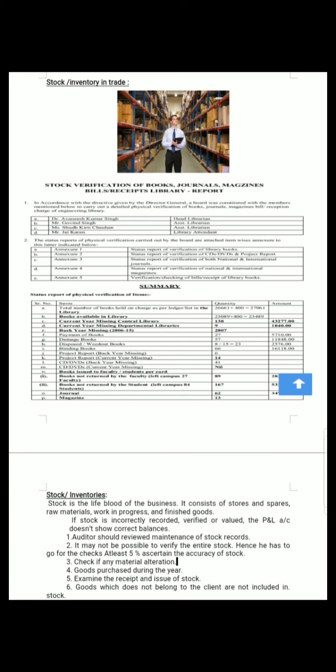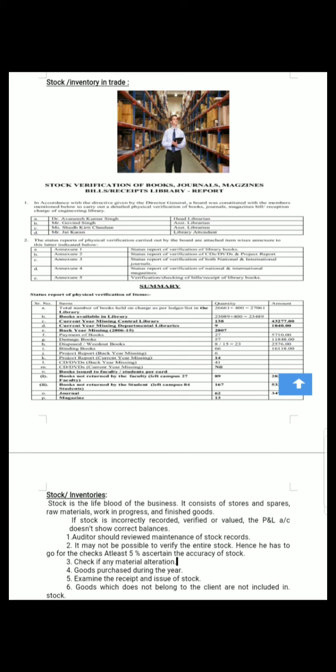Now we will see what stock or inventory is and how it is verified. As we all know, stock is the lifeblood of business. It consists of stores and spares, raw materials, work in progress, finished goods, scrap or byproducts.